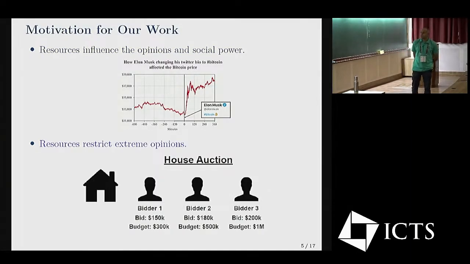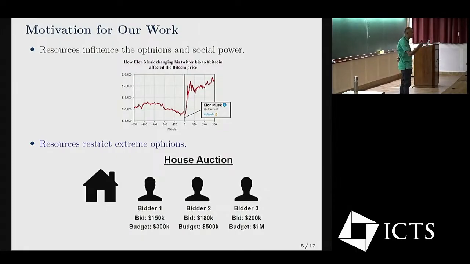There are other settings also where resources could, for example, restrict extreme opinions. Here's an example. Let's say there are a bunch of agents bidding for a house, or perhaps some people want to buy some good. They might have certain resource limitations or budgets, and that might limit the maximum bid or the maximum price that they're willing to pay for a product.